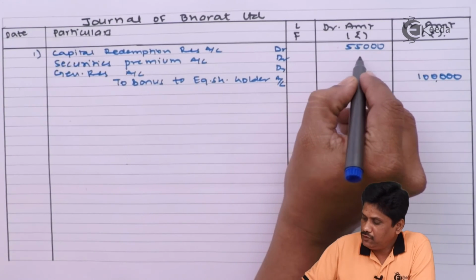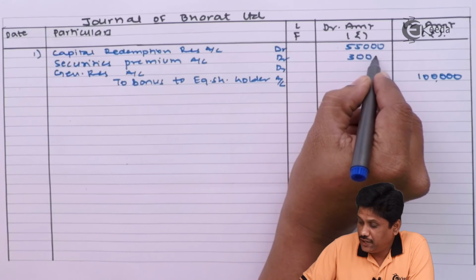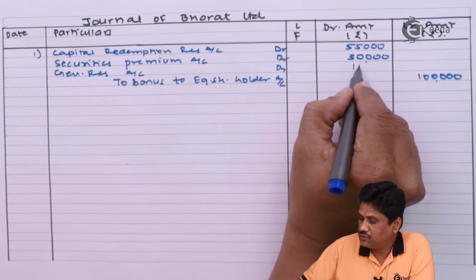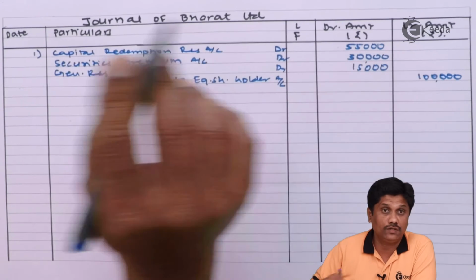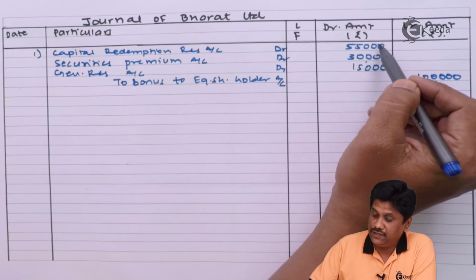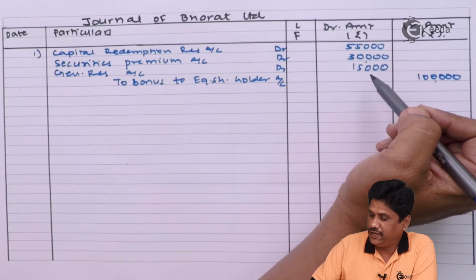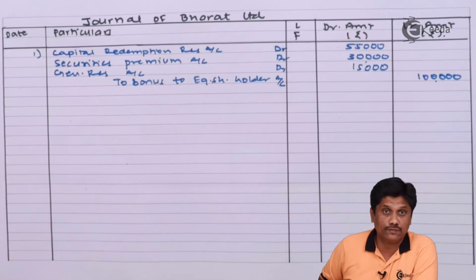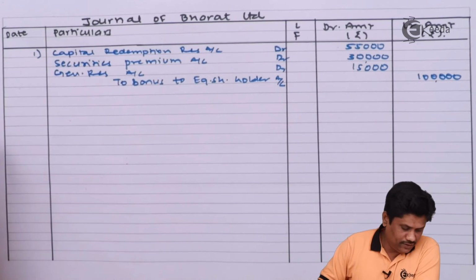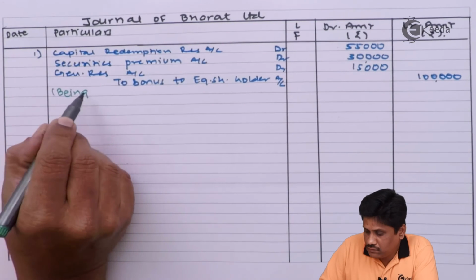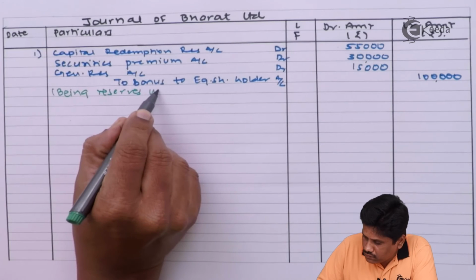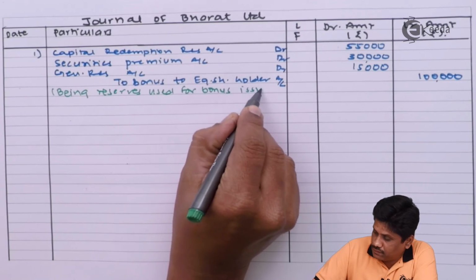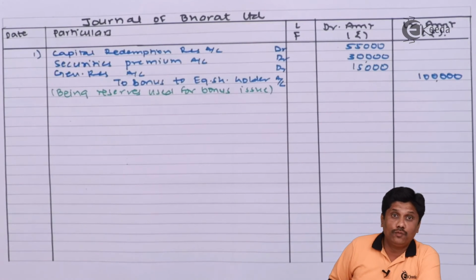Securities premium will provide you 30,000. And general reserve will be used to the extent of 15,000. Repeat. Capital redemption reserve will be used 55,000. Securities premium will be used 30,000. And general reserve will be used 15,000. Narration: Being reserves used for bonus issue.